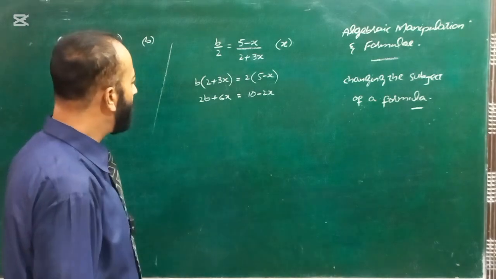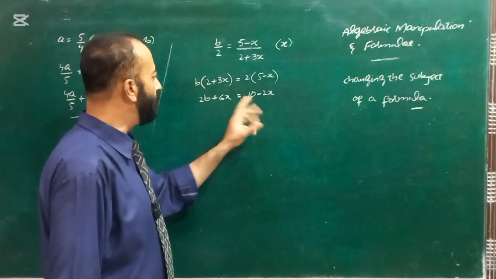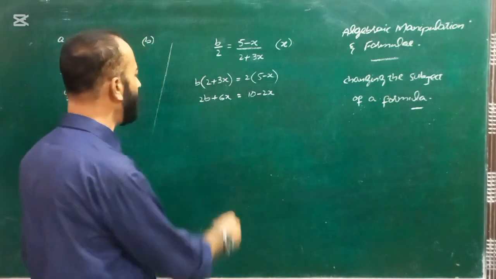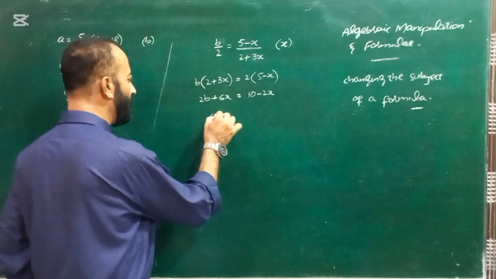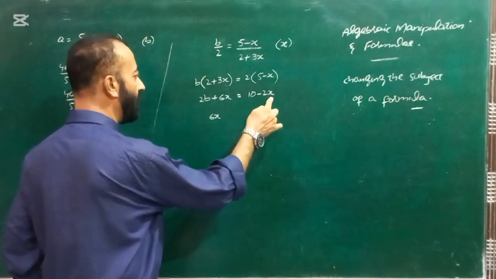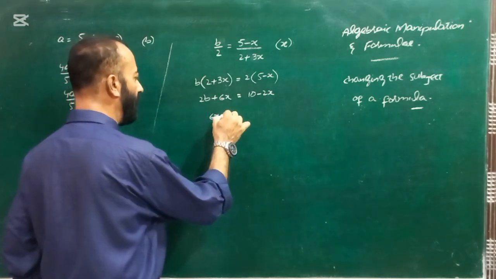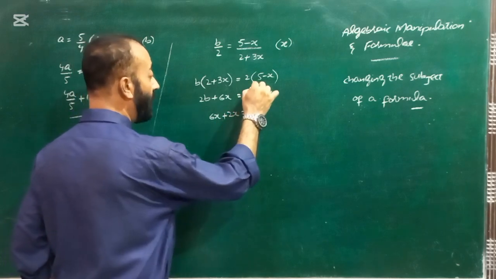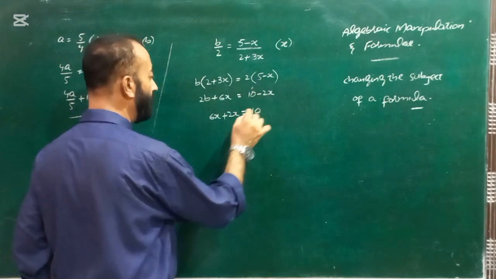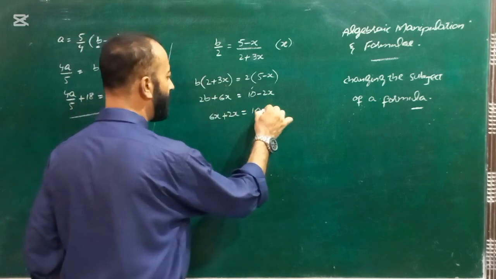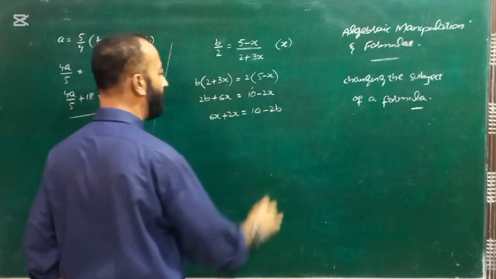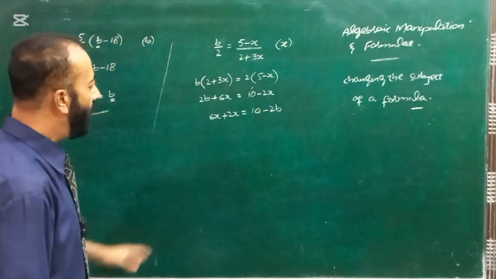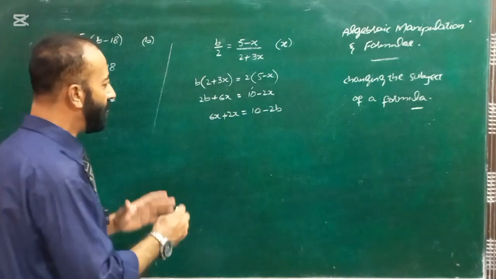So at this step you can see there is x at two places, so we will combine them. So on the left hand side 6x is still there, and this minus 2x will come to the left hand side, so it will become positive. On the right hand side, this 10 is still there, and this 2b will be subtracted from 10. At this step, you can see things are going to be simpler.